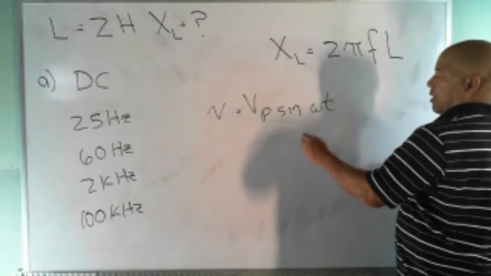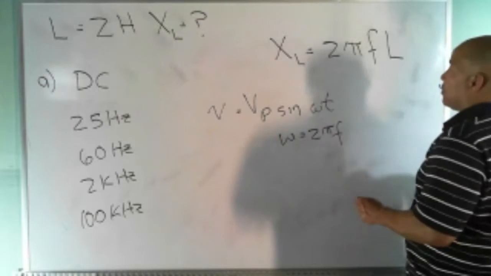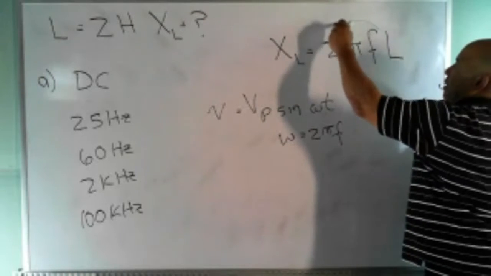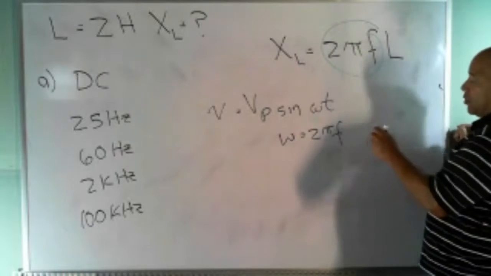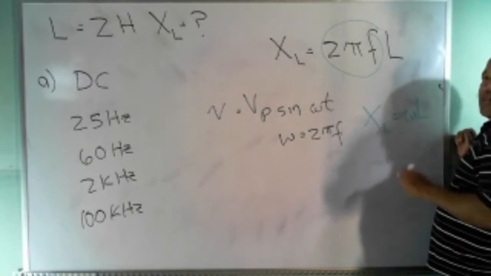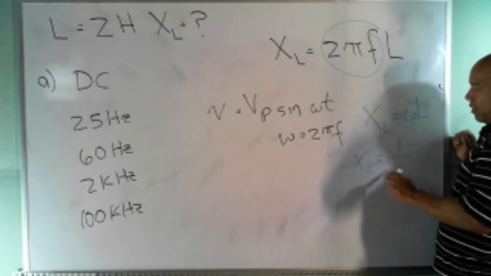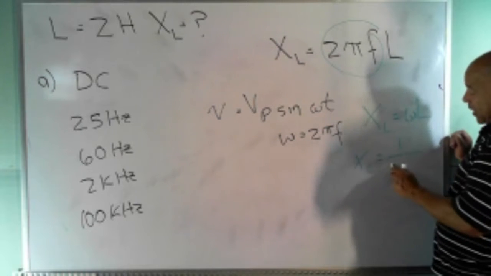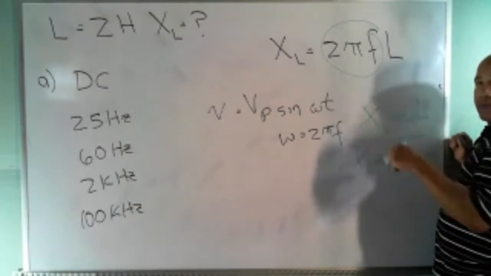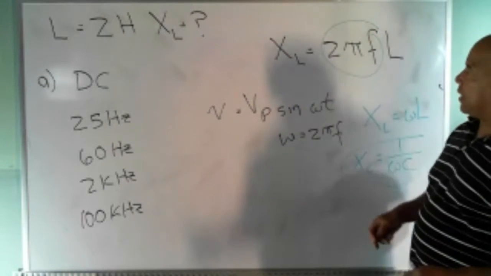We said omega was equal to 2 pi F. So basically this right here, that's omega. So you can also write XL as omega L. It's a little easier to remember. And the same with XC. XC is 1 over omega C. I tend to remember it this way, but I want you to know that that's omega L.